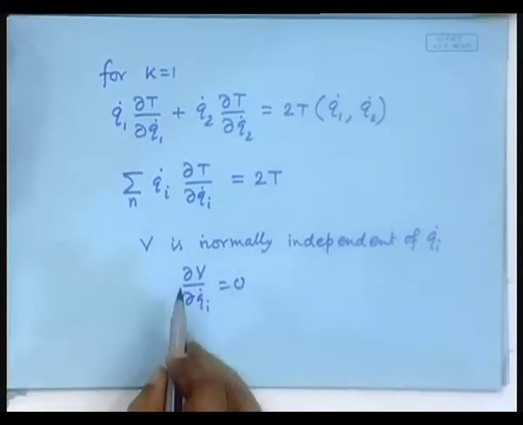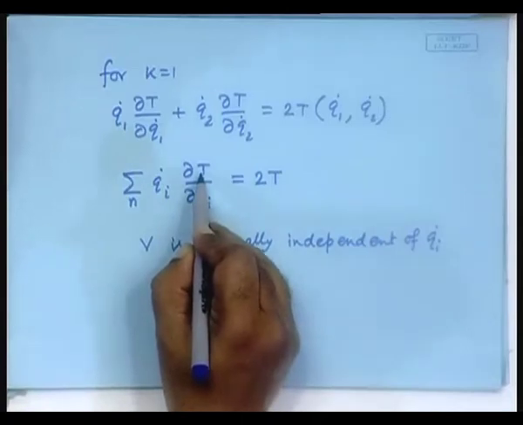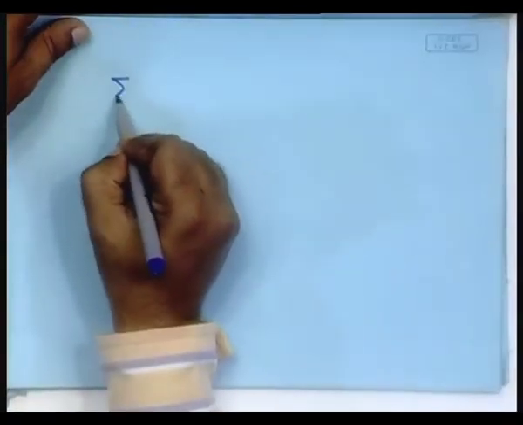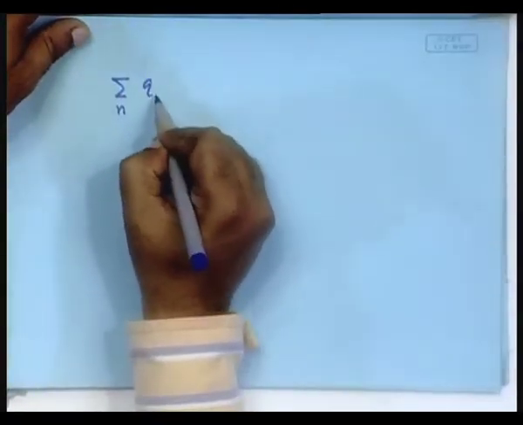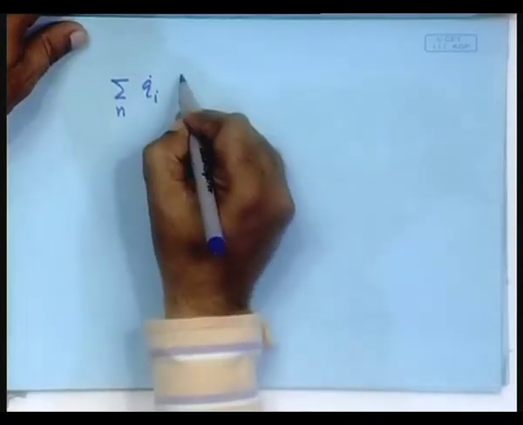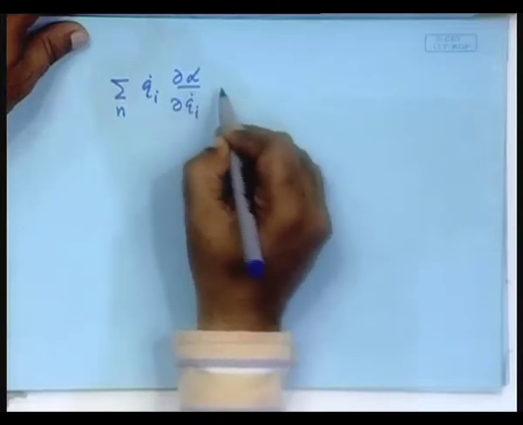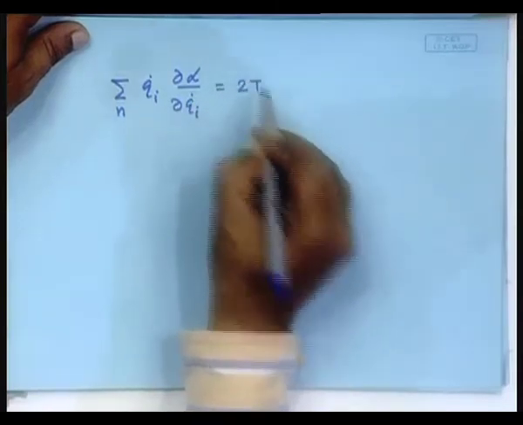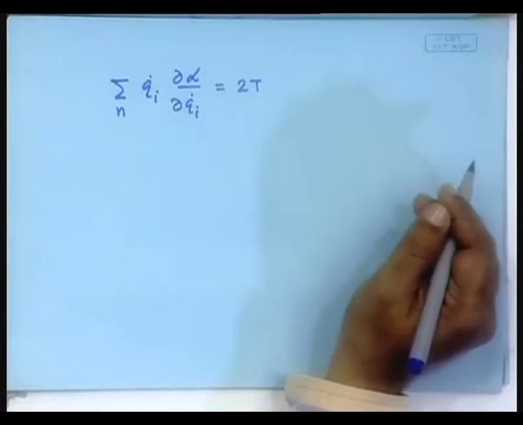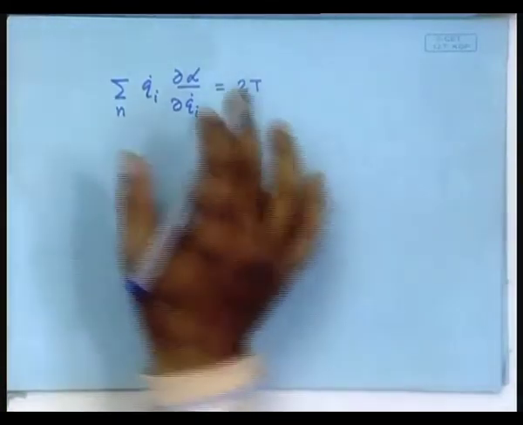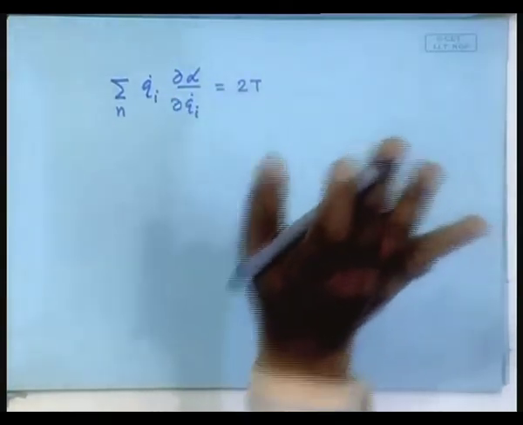If this is true, then if this is so, then we can write the Lagrangian here. That is what we did earlier. So, this yields summation over n q I dot derivative of the Lagrangian with respect to q I dot is equal to twice T. So, this result we will use, just keep it in hand for now.